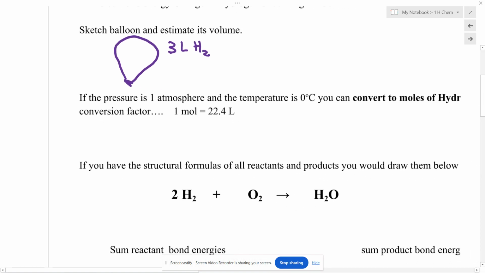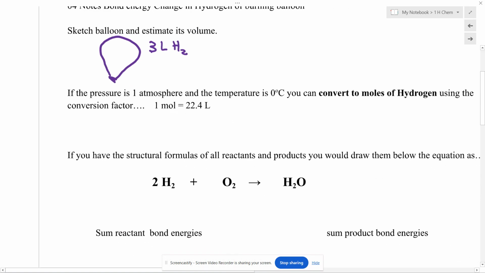If the pressure is 1 atmosphere and the temperature is 0, we realize that's not quite true, but we can convert that to moles because we have this conversion factor, 3 liters of hydrogen. And we're going to multiply it by this conversion factor, 22.4 liters is 1 mole. And we want the liters to cancel out, so we're going to put it down here, 22.4 liters, 1 mole.